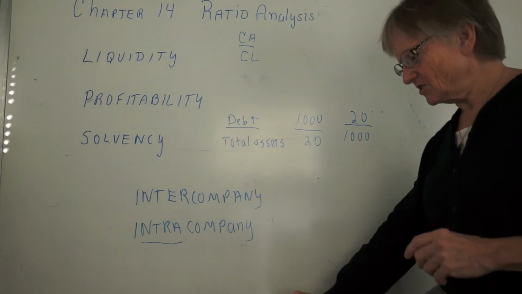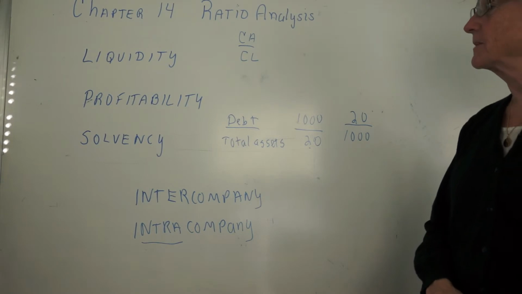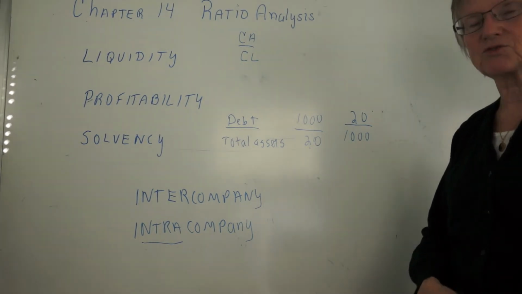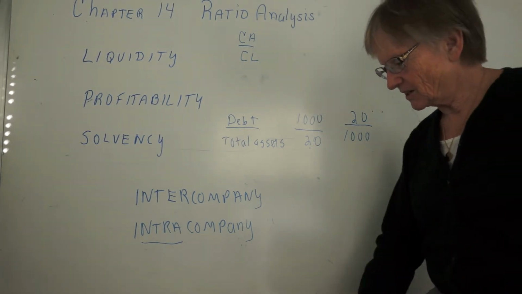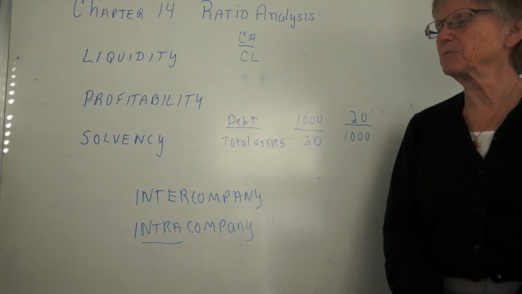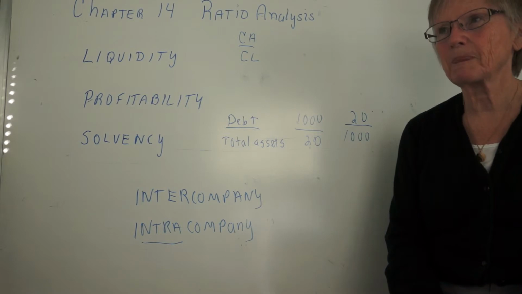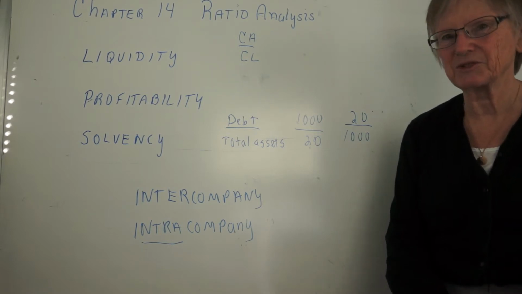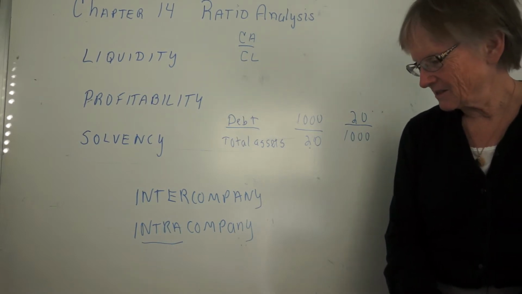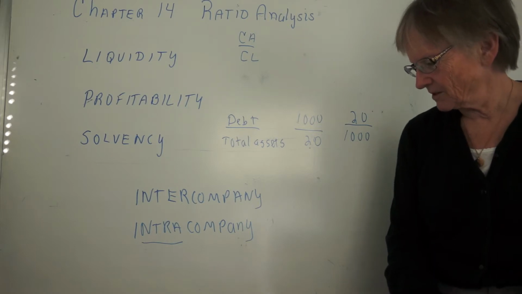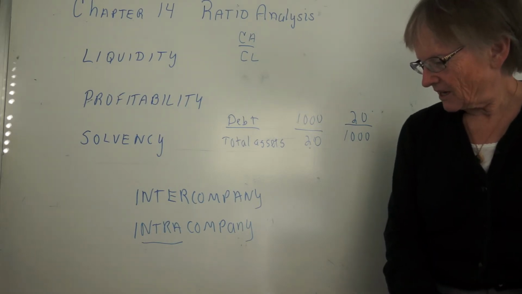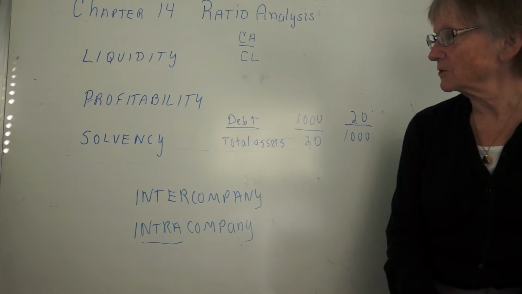Okay, so limitations of ratio analysis. If you're comparing ratios to industry averages, it's sometimes hard to classify a firm, to say, gee, what industry is this? Because a lot of firms are consolidated, so there's a lot of different types of businesses in them. And then the accounting practices vary from firm to firm.